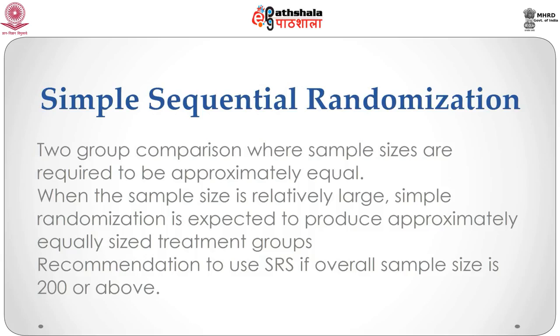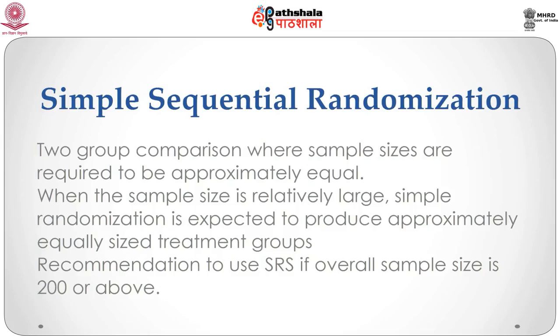We often have cases where it is necessary to use simple sequential randomization. A commonly encountered situation is a two-group comparison where the sample sizes are required to be approximately equal. So in this case, we are tossing a coin such that each participant has an equal probability to be allocated to either of the treatments.